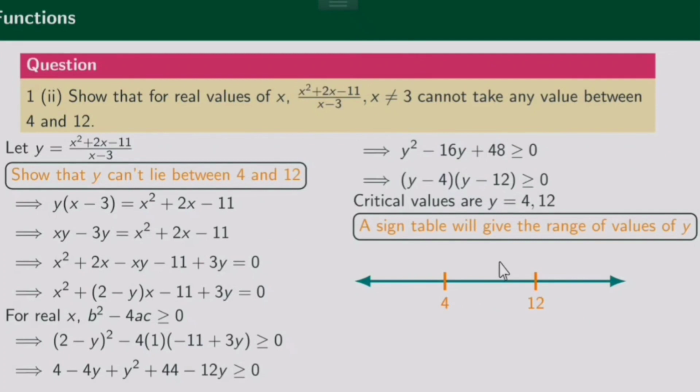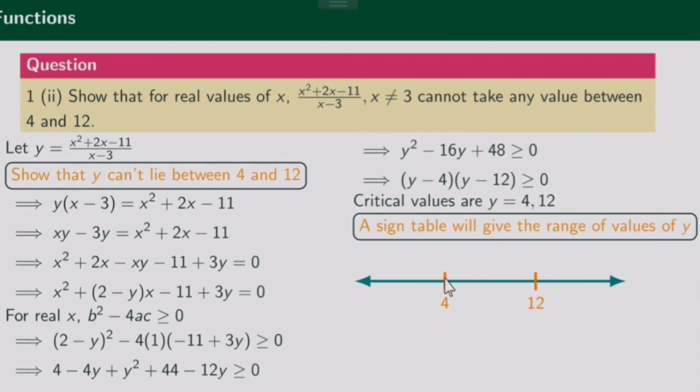Then next, I will pick any value between 4 and 12 and also test for a sign. And finally, I will take a value which is greater than 12, plug it in here and test for a sign. At the end of the day, those intervals whose signs are positive are those intervals which will satisfy that inequality. Now let us begin with that.